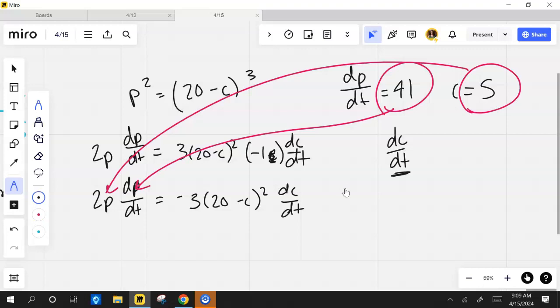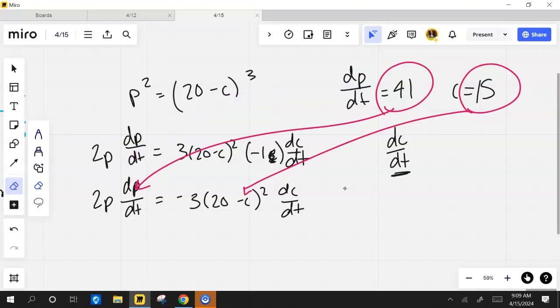Did I copy it wrong? And then why did I draw a line to c there? Do I have to? What'd you say? I solved it, so I found c. I'm sorry, I found p.